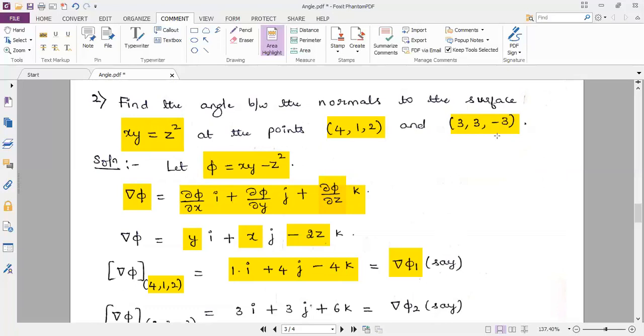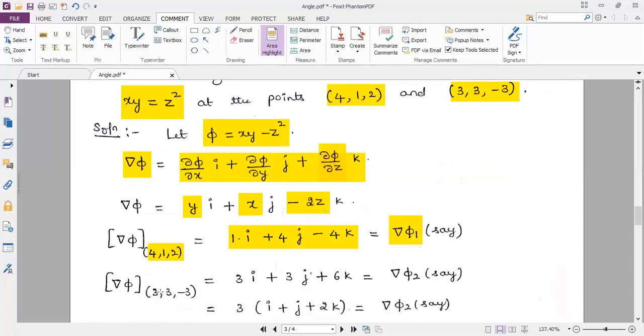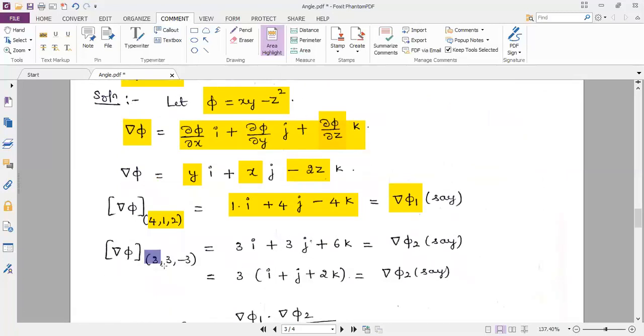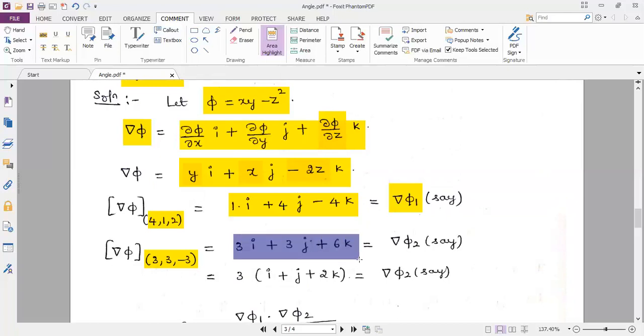Similarly, we find grad phi at the second point, that is 3, 3, minus 3. That is taking x is equal to 3, y is equal to 3, z is equal to minus 3. In the expression for grad phi, that is yi plus xj minus 2z k, we get 3i plus 3j plus 6k.